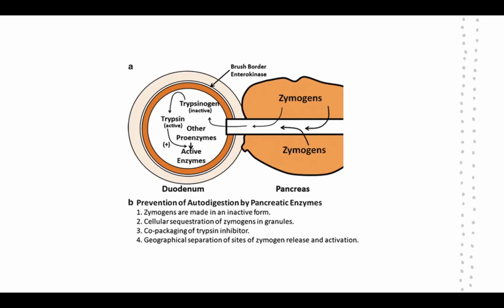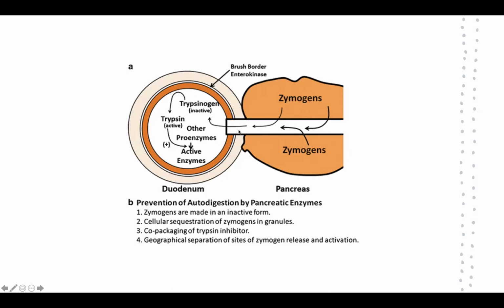They're also co-packaged with a trypsin inhibitor to make sure that trypsin doesn't activate early in the process. And there's a geographical separation of zymogen release and activation. Here the zymogens are released in the pancreas, and then they are activated in the gut here. So here we clearly see the process.